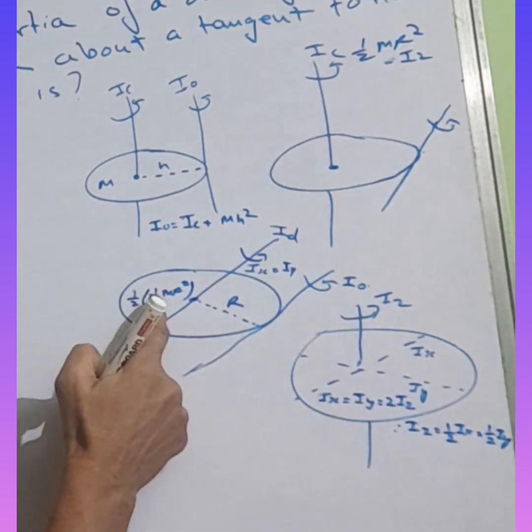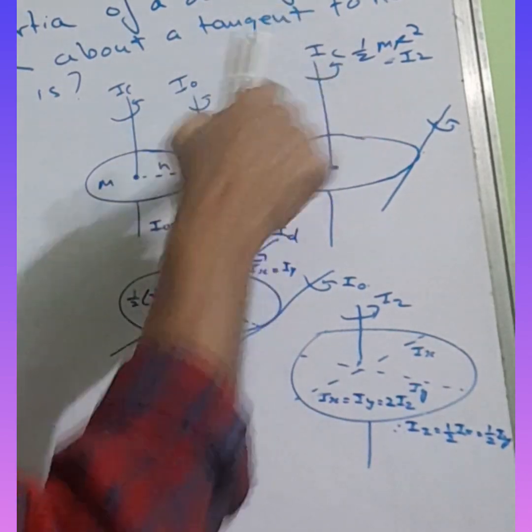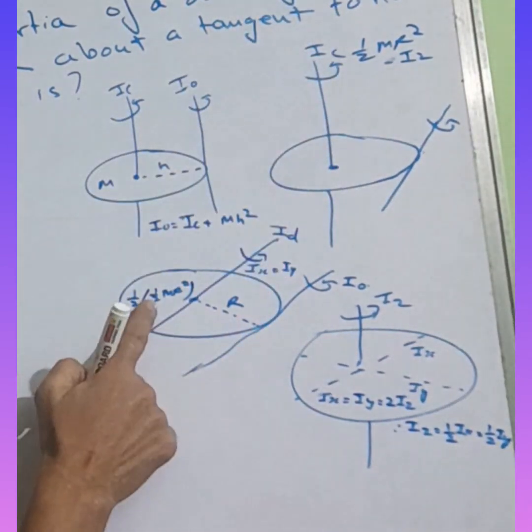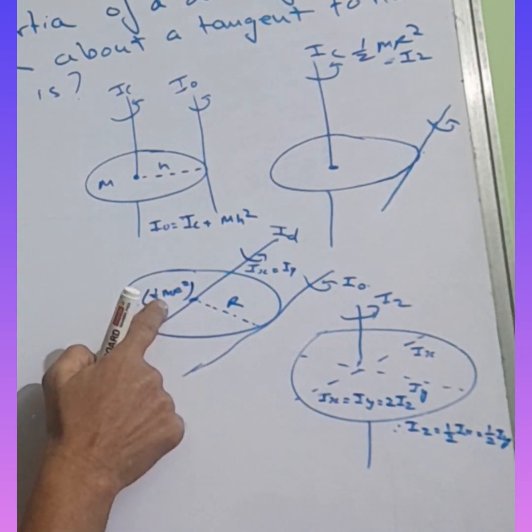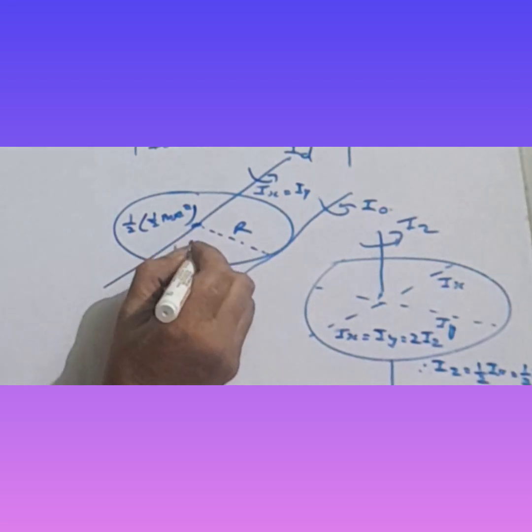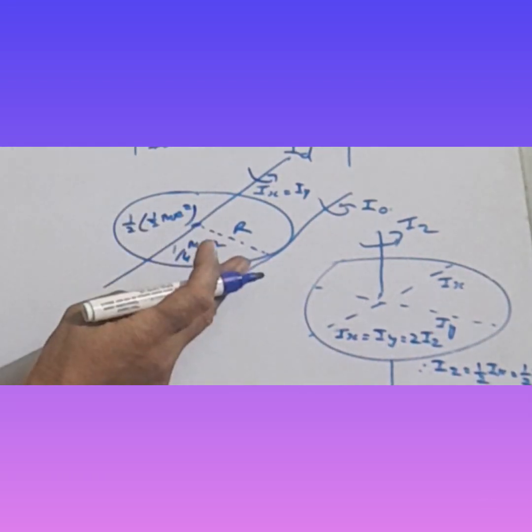Half mr square is that of the disk, IC. Why IC? IC was IZ. So half of IZ. So this becomes 1/4 mr square. So done. Now we can jolly well apply the parallel axis formula.